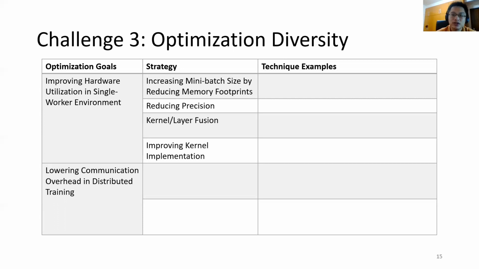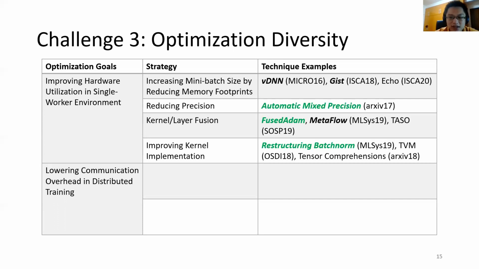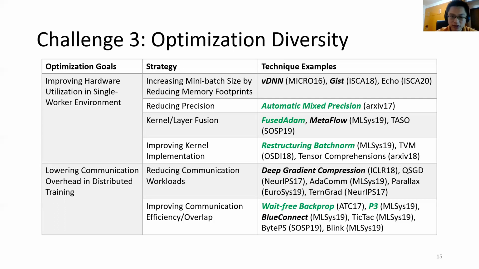For example, to improve hardware utilization, one can either reduce the precision or fuse the kernels or layers. And there are multiple techniques that implement each of these strategies. Similarly, there are many optimization techniques that try to either reduce communication overhead or improve the communication-computation overlap.